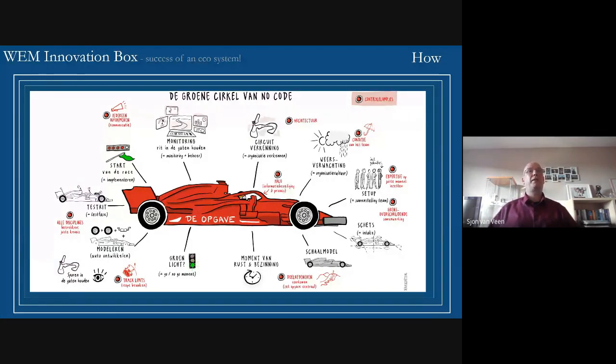What are you expecting? And you create a monitoring system. And this is basically what you need to do creating a no-code application. And it's not different than creating a standard high-code application. It is only a very fast way of doing it.